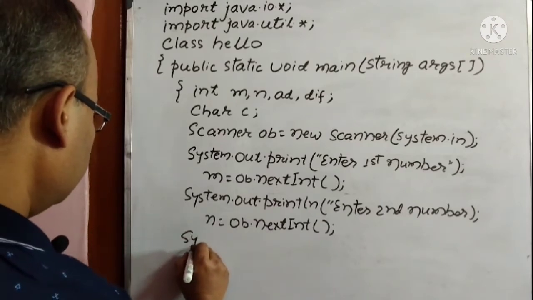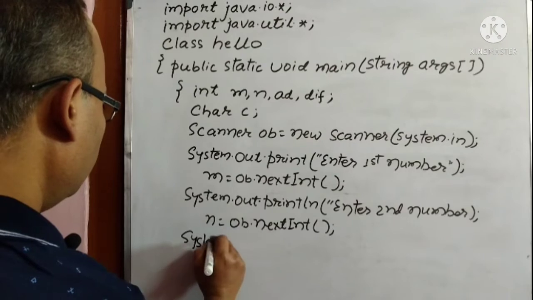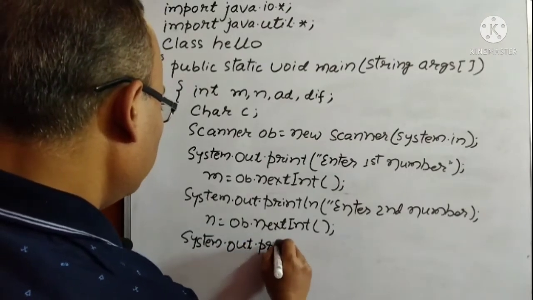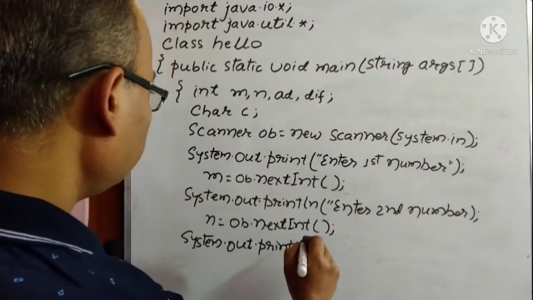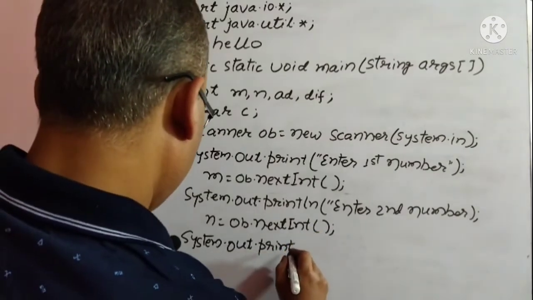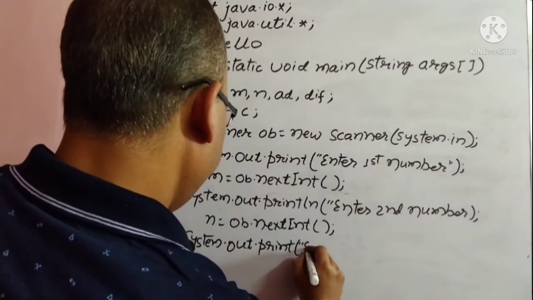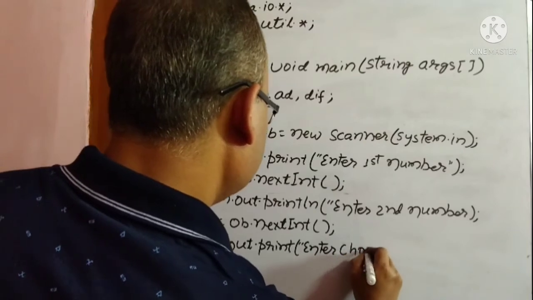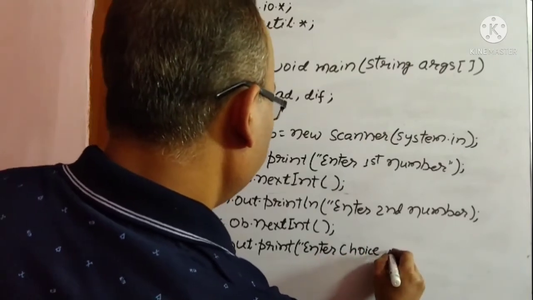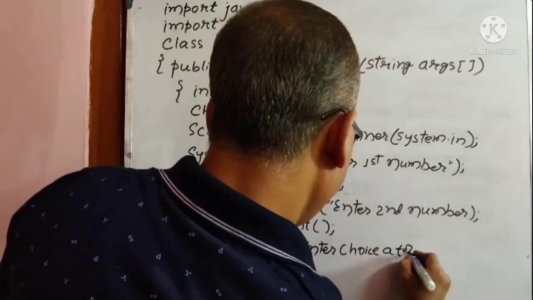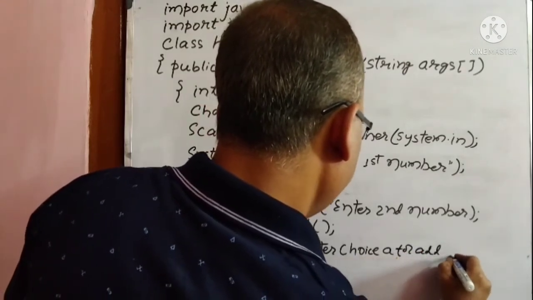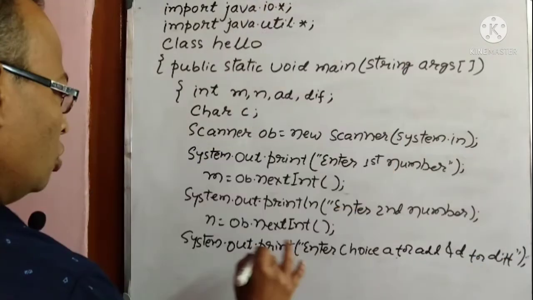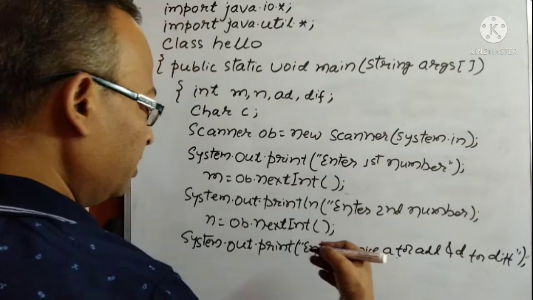So System.out.print, suppose enter choice, A for add and D for difference.